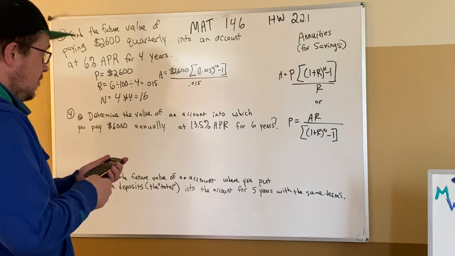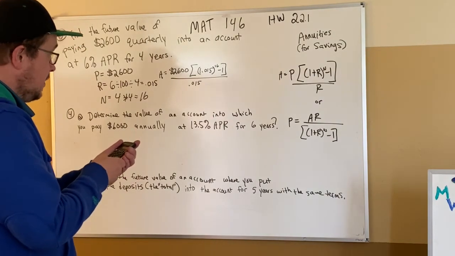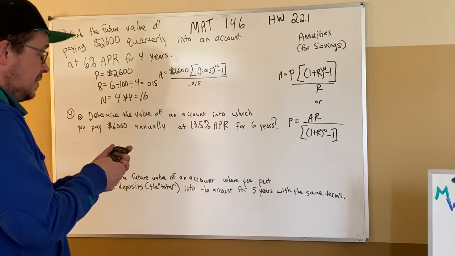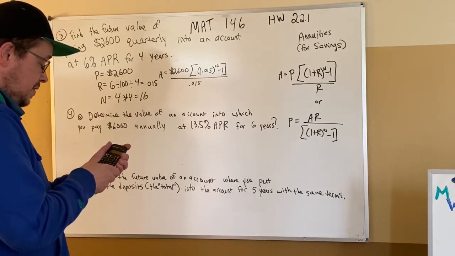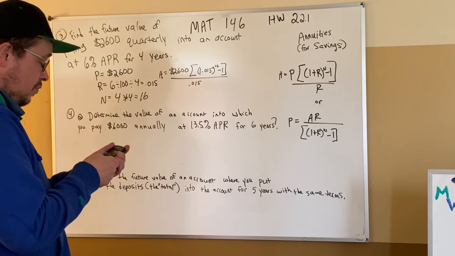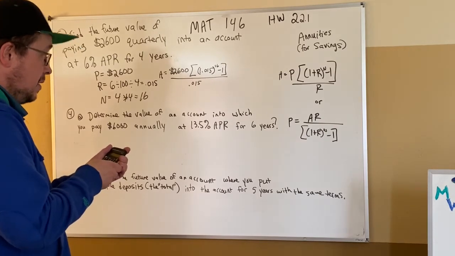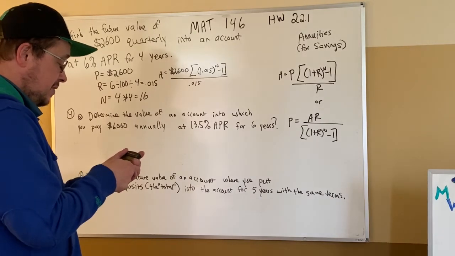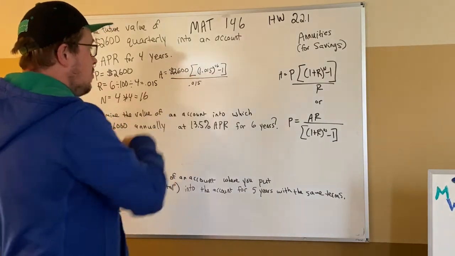So for the numerator, we're going to have 2,600 times a pair of parentheses that contain 1.015 raised to the power of 16. Then we're going to subtract 1 from that value before we close our parentheses. Those parentheses represent the square brackets.